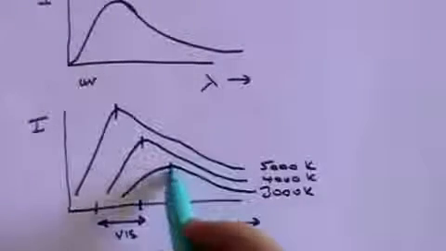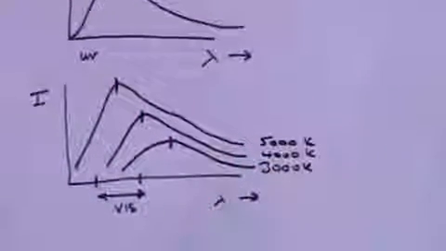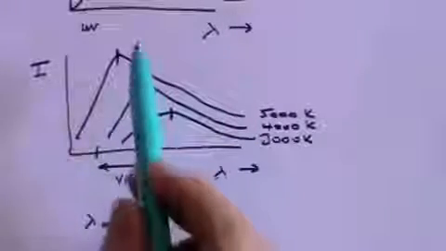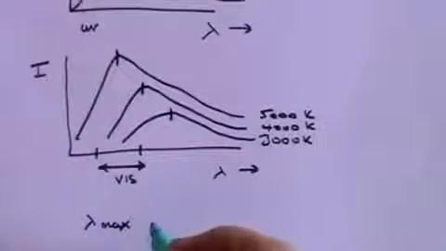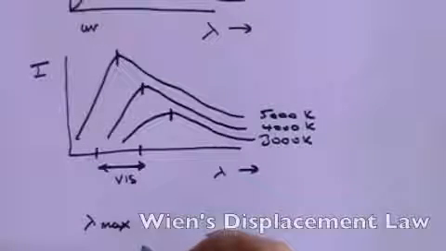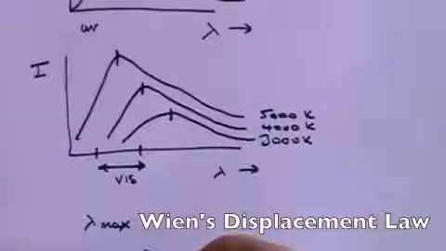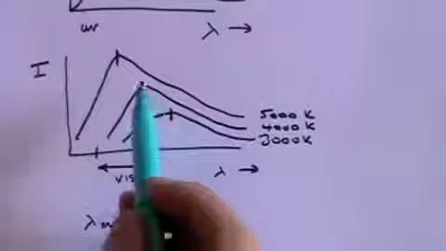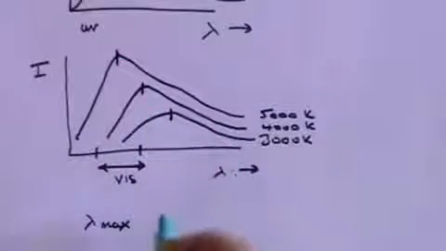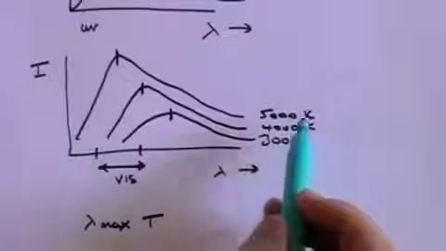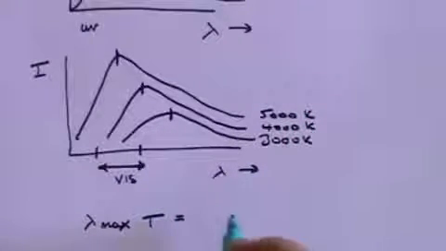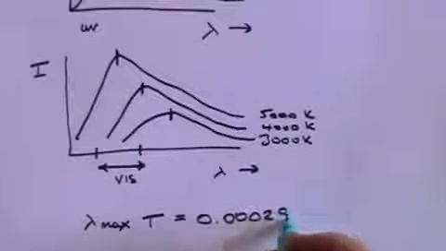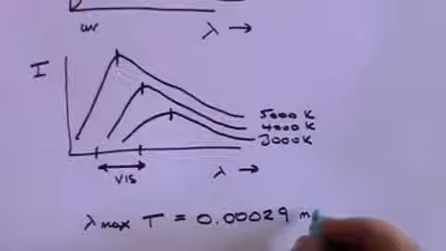So the wavelength at the peak in each case, which is usually called lambda max, that is the wavelength at the peak of each curve, is defined by what's called Wien's Law, or sometimes Wien's displacement law. And he said that if you take that wavelength of the maximum and multiply it by the temperature, which is either 3000, 4000 or 5000, you get a constant, which is 0.00029 meter Kelvin.